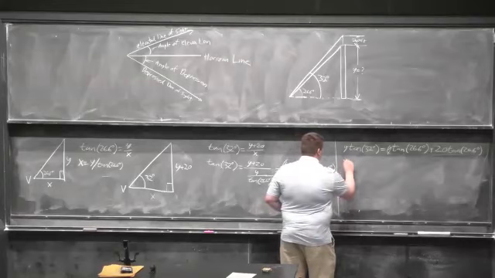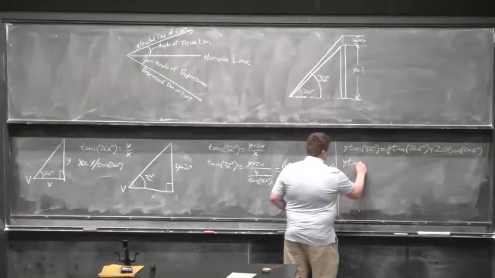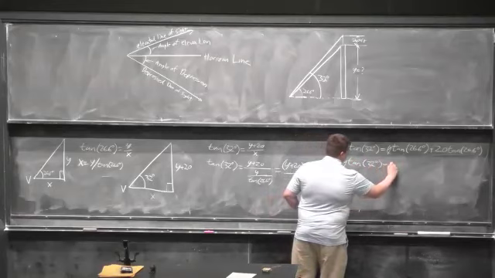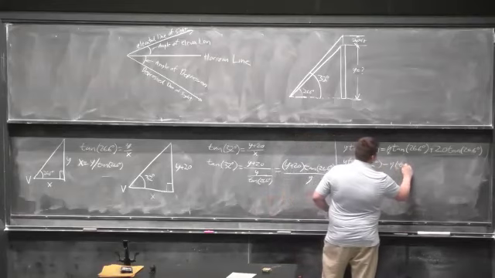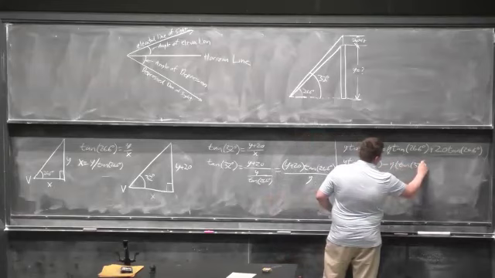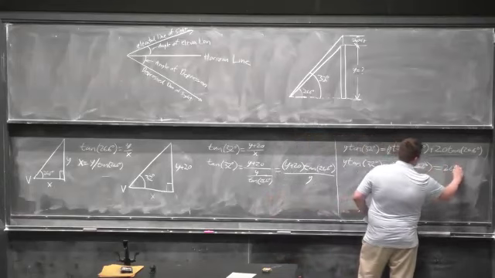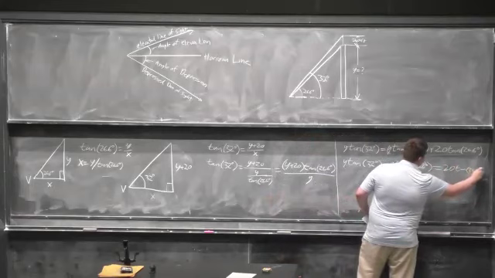So I have y tangent of 32 degrees minus y tangent of 26.6 degrees equals 20 tangent of 26.6 degrees.